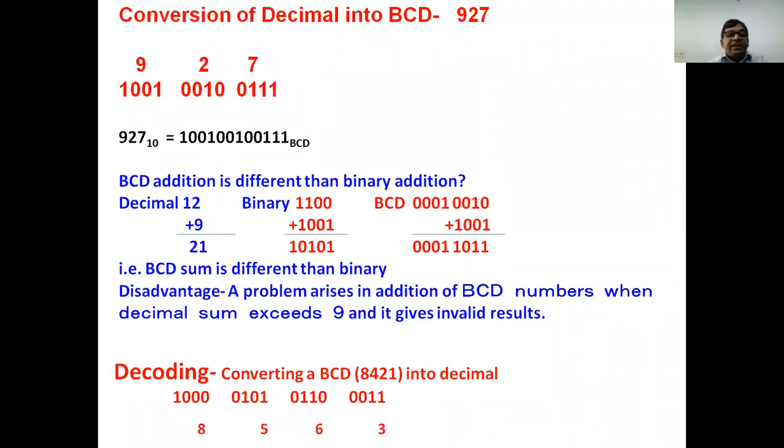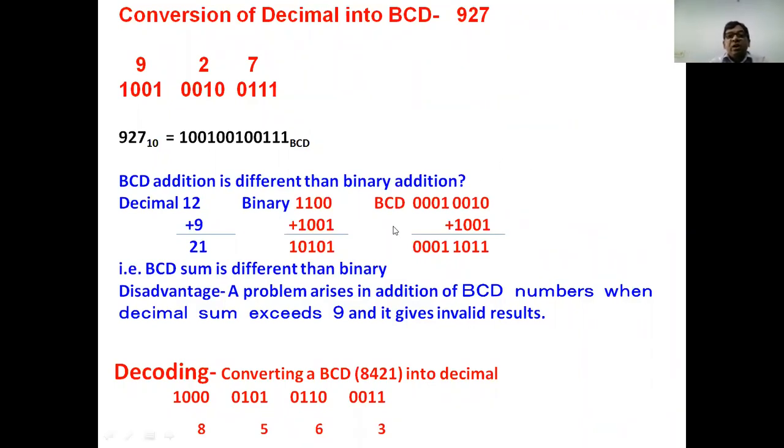So the representation of a BCD number is done in the form of nibbles. Everything will be presented in 4 bits. For example, here 2 is 0010 and 1 is 1, but it will be written as 0001, that is in a group of 4 bits, and 4 bits is 1 nibble.